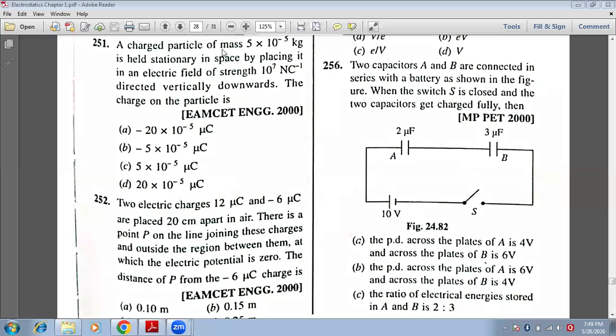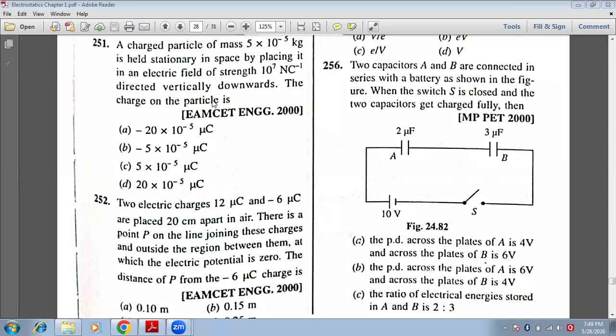A charged particle of mass 5 × 10^-5 kilogram is held stationary in space by placing it in an electric field of strength 10^7 newton per coulomb, directed vertically downwards.